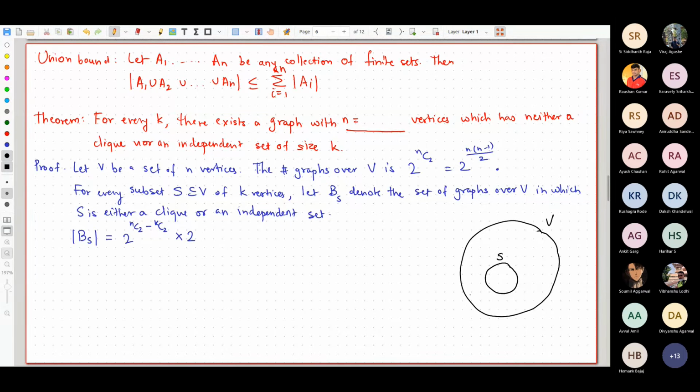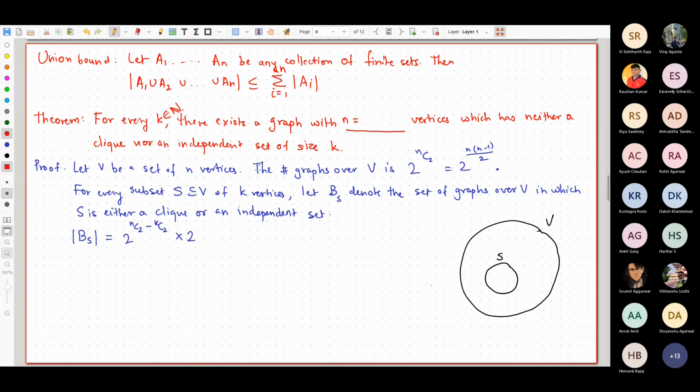This subgraph which consists of only S, there are only two options. It's either a complete graph or an empty graph. And for every other edge, you can either have that edge in the graph or not.